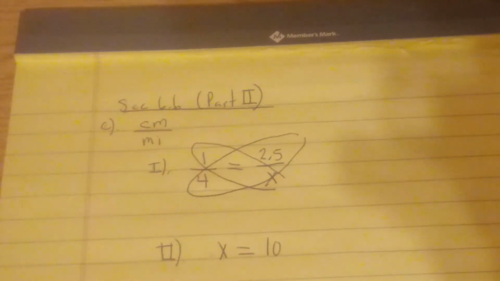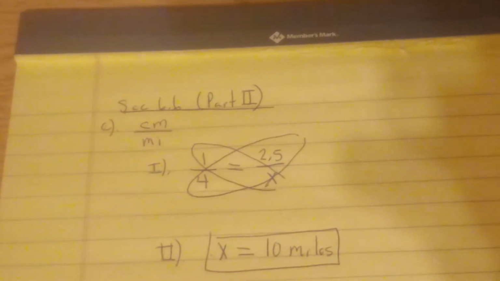But if you had any other number in front of x, then the next step would eventually be to divide. So for this example, 2.5 centimeters represents 10 miles. Now there's not going to be too many applications that we'll do because there's not that many problems there, but it's always a good idea to take a look at these to get some more practice on them.